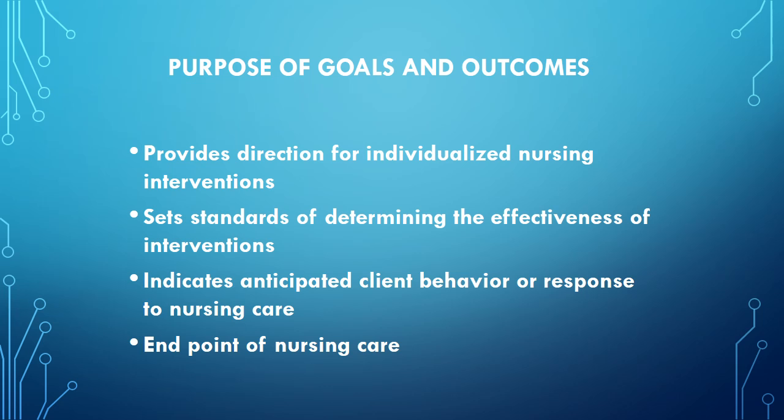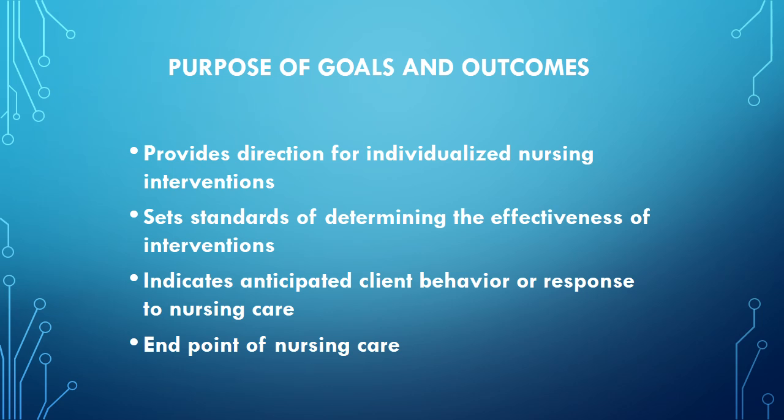But short-term goals, there could be several of them. Okay, one long-term goal usually, but there might be several short-term goals. Think of short-term goals as steps towards the long-term goal. And meeting those short-term goals should move a patient towards long-term goal resolution.